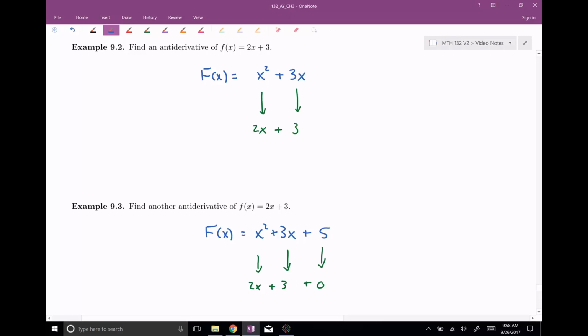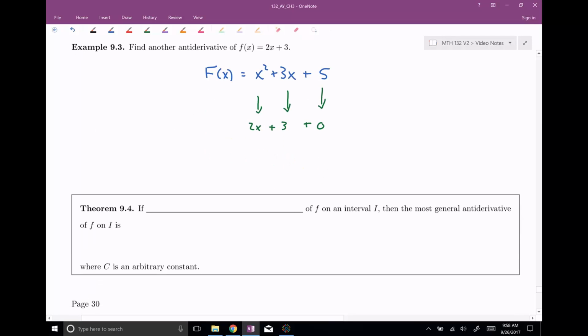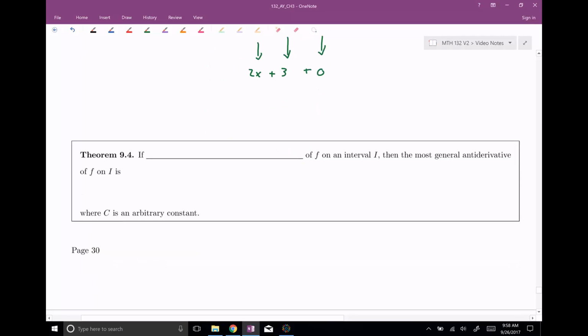So we actually have a slick way of looking at this with this nice theorem right here, which says if capital F is an antiderivative, so if you found one of these things, an antiderivative of some little f on an interval I, then the most general antiderivative of f on I is capital F of x plus any old constant.